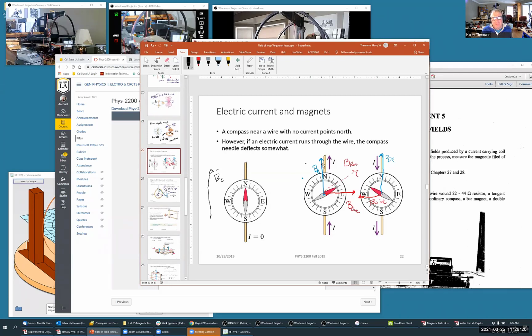Okay, so this was the concept. You line up the compass so it points with the direction of the Earth.